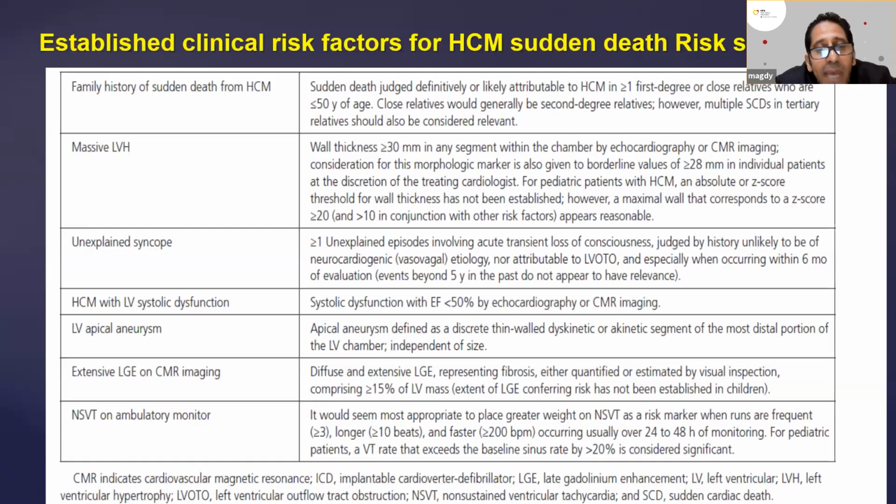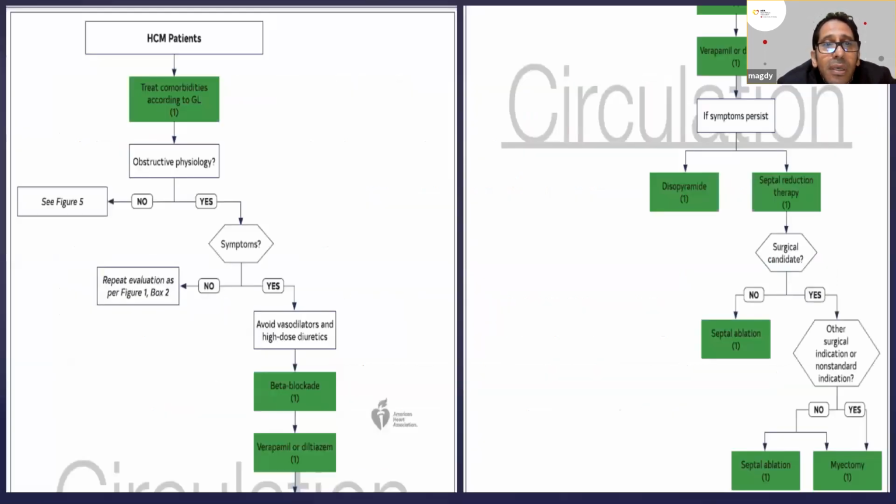And if you have patients who have non-sustained VT on extended 48-hour Holter monitoring, and these episodes of non-sustained VT are repetitive, longer, and faster, more than 200 beats per minute, this is very important to identify patients who have a high risk for sudden death.